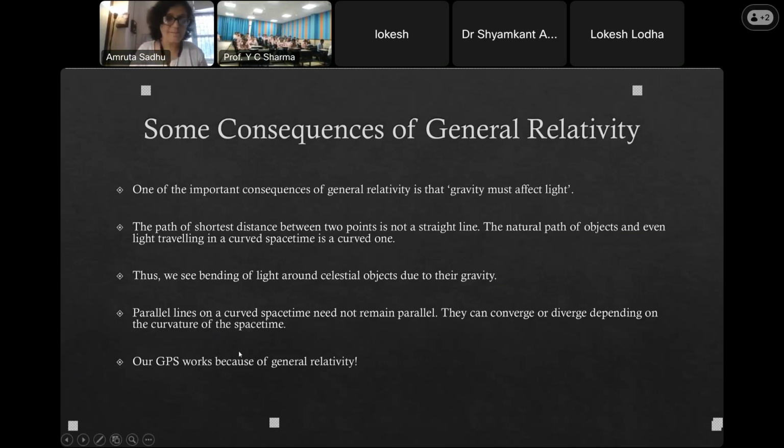The other thing that it says is that parallel lines on a curved spacetime need not remain parallel, and we can see this even in our day-to-day life, right? Take longitudes on our Earth.